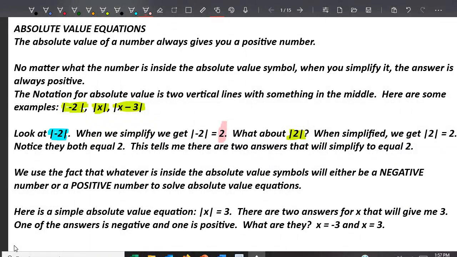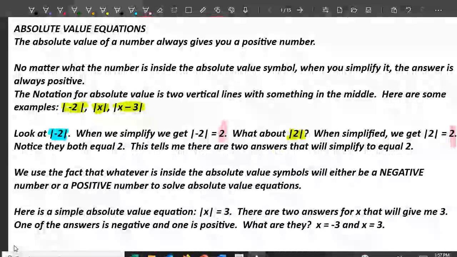Again, when we simplify the absolute value of +2, we get a +2. So there's always two answers to an absolute value. Well, let me rephrase that. Most of the time, there's two answers to an absolute value.